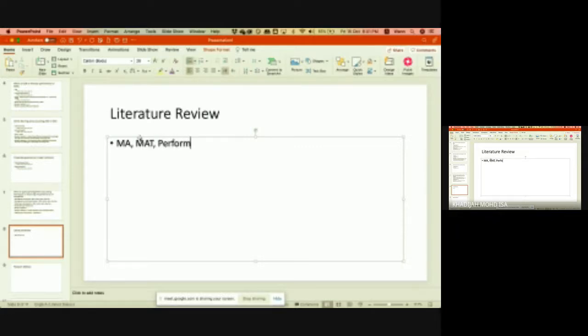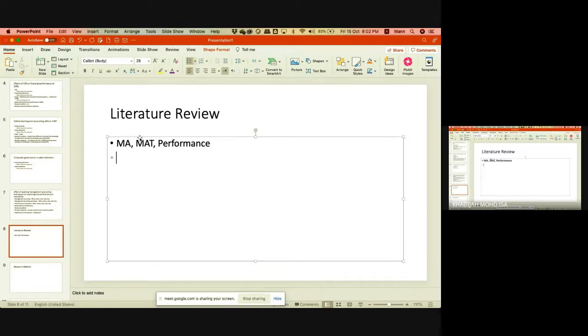Yeah. So you have to look at, in each of these areas, what people have done and what are their findings. But when we talk about review, you will review a lot of journal papers, right? But when you do your literature review write-up, you are not going to summarize one article and then another article.